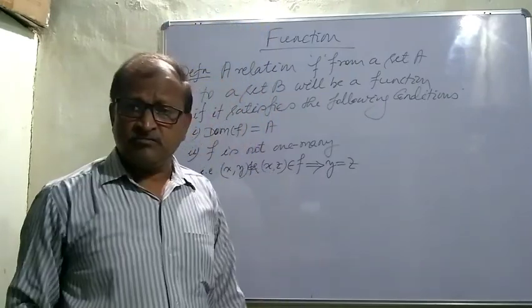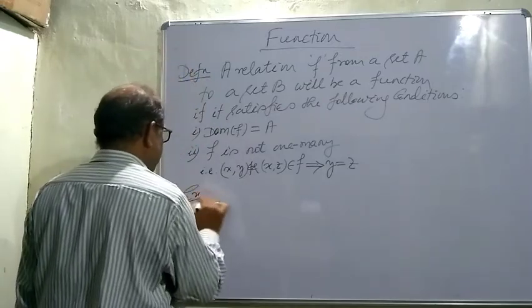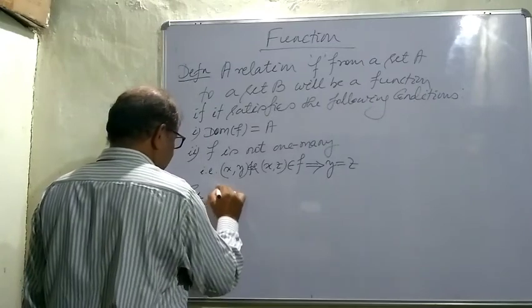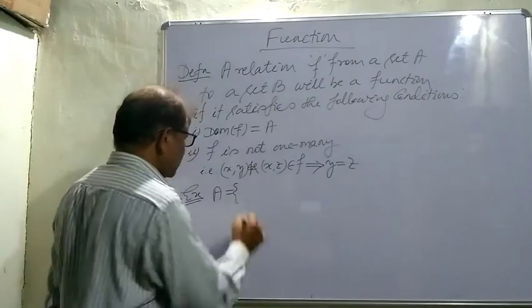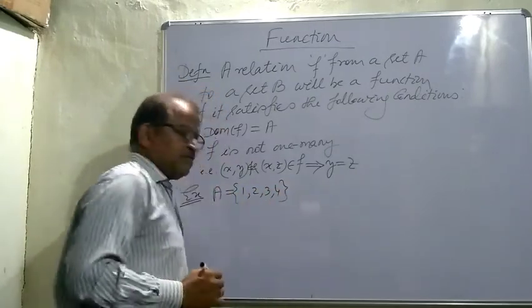Let us see through an example. Say A is equal to 1, 2, 3, 4, our natural numbers.